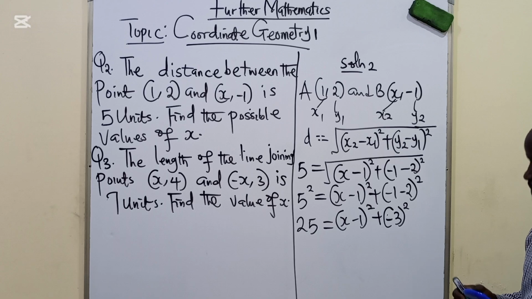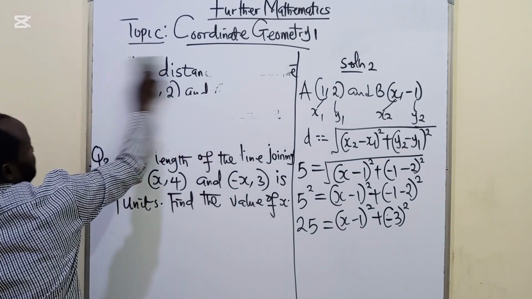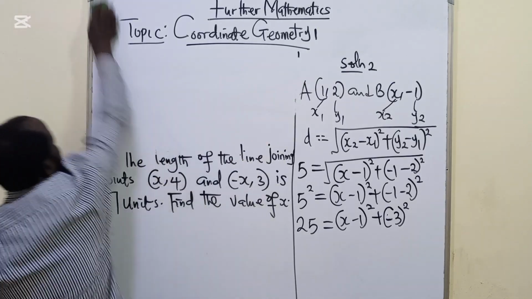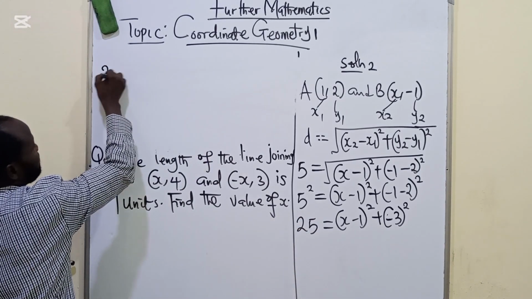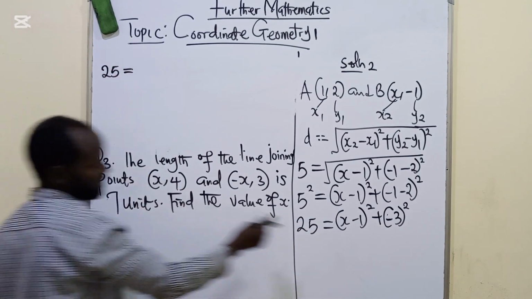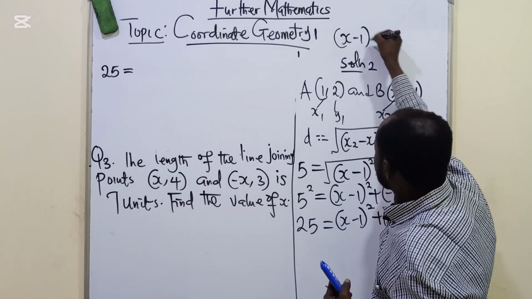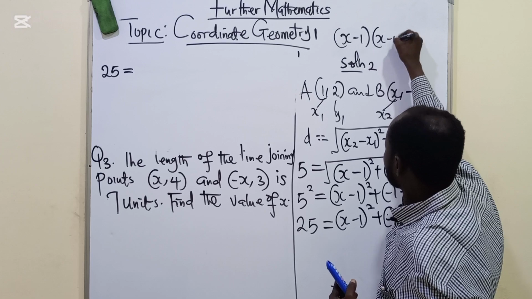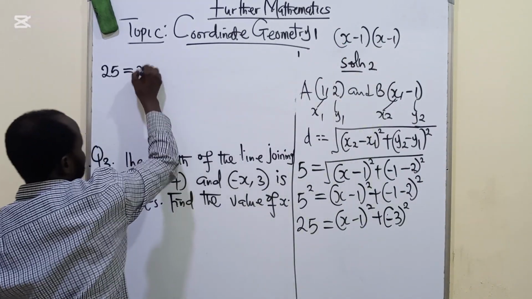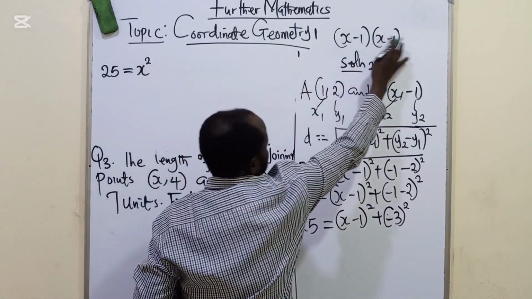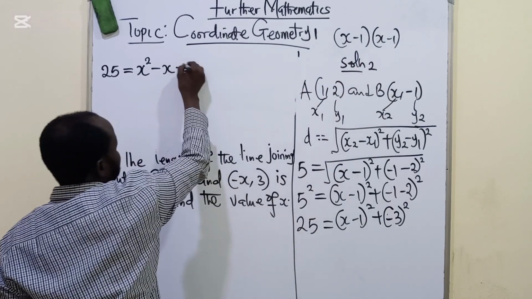Very important. We are asked to find the values of x. Let's move up here so that we can resolve this. The next thing to do: we have 25 equals, and we have to expand this. (x minus 1) all squared means (x minus 1)(x minus 1). x times x is x squared. x times -1 is -x. -1 times x is -x.